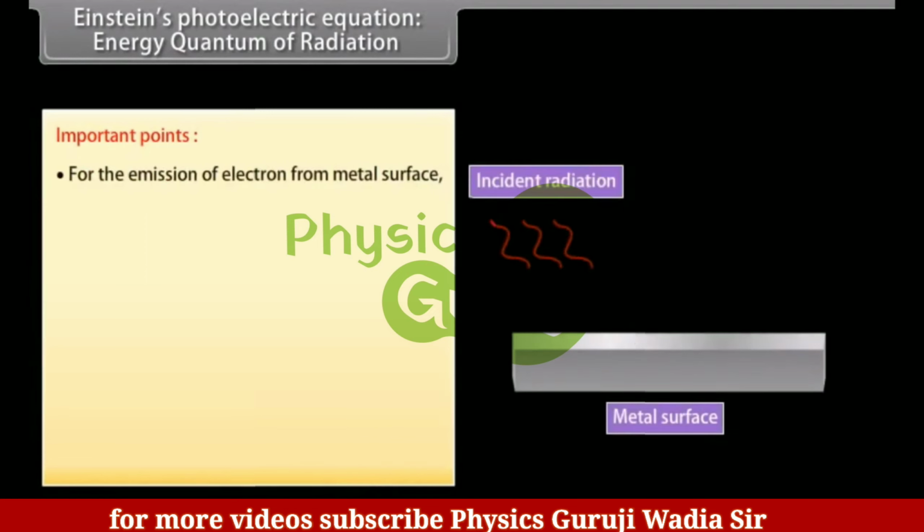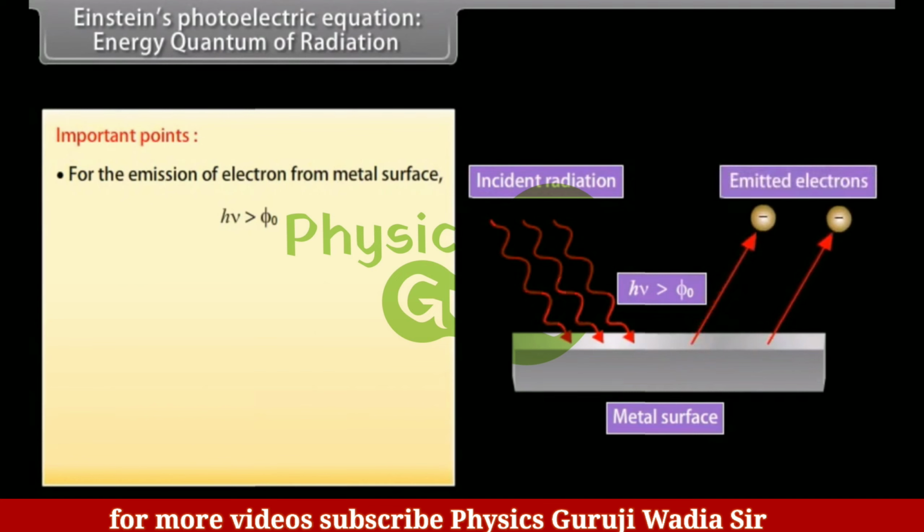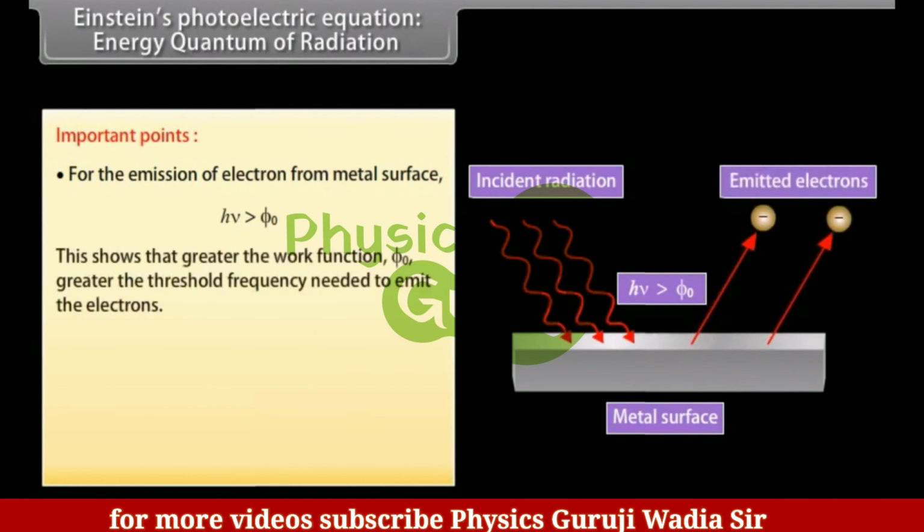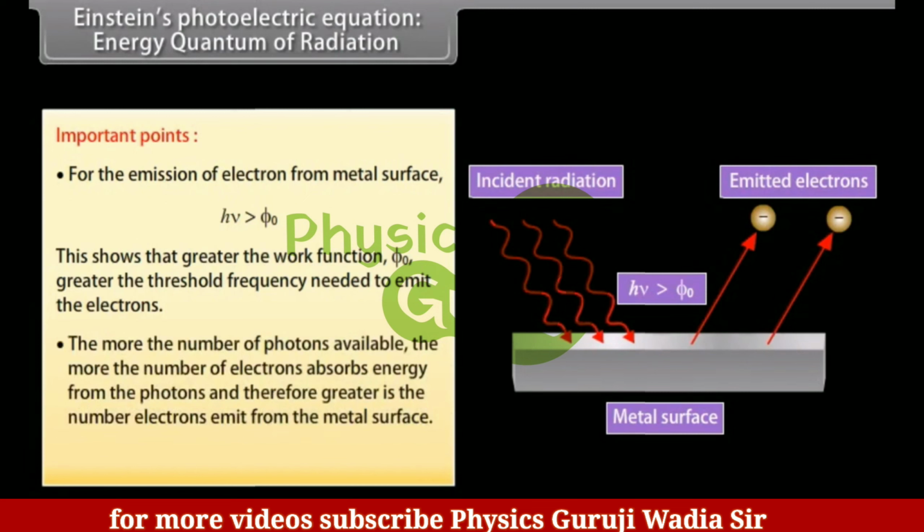For the emission of electron from metal surface, hν is greater than φ0. This shows that the greater the work function φ0, the greater the threshold frequency needed to emit the electron. The more the number of photons available, the more the number of electrons absorb energy from the photons, and therefore greater is the number of electrons emitted from the metal surface.